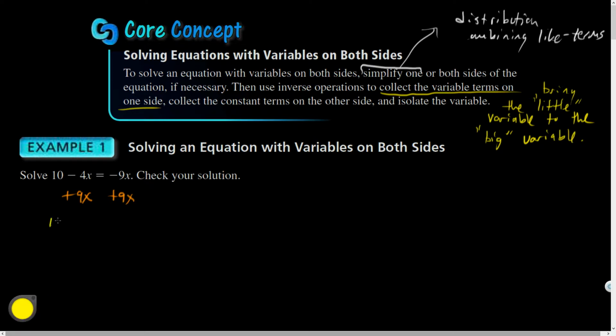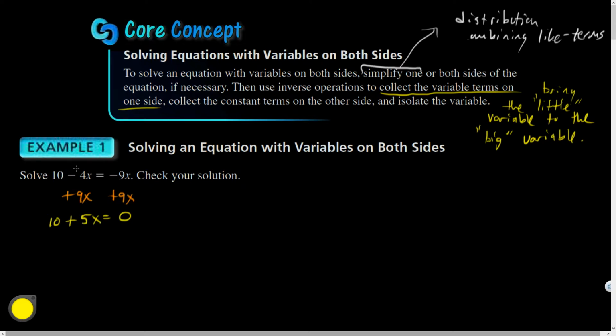So I'm going to have 10 plus 9x and -4x combined to be 5x equals, uh-oh, what happened? -4x plus 9x is 5x.